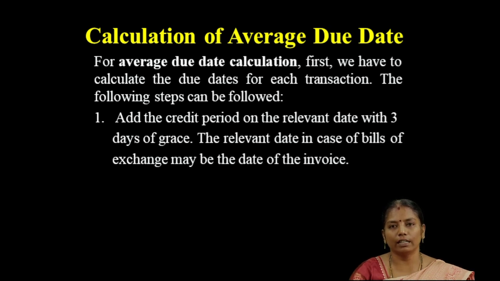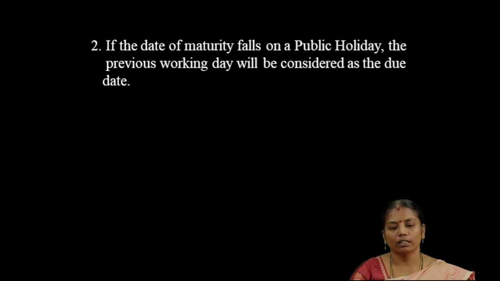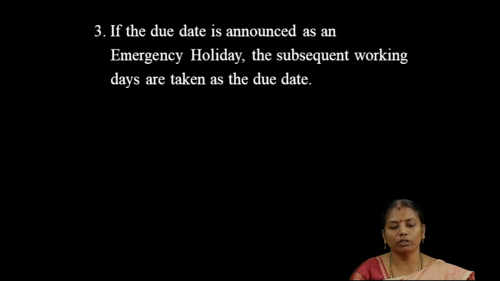The relevant date in case of bills of exchange may be the date of the invoice. Second, if the date of maturity falls on a public holiday, the previous working day will be considered as the due date. Third, if the due date is announced as an emergency holiday, the subsequent working day is taken as the due date.